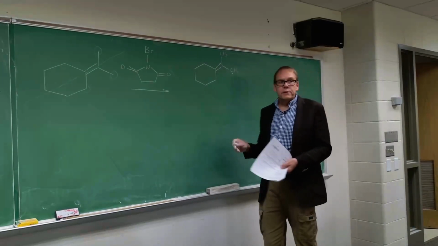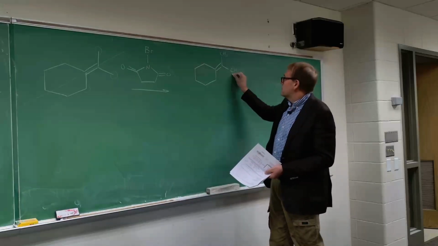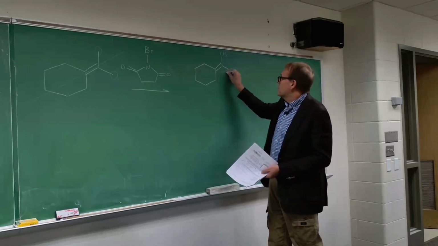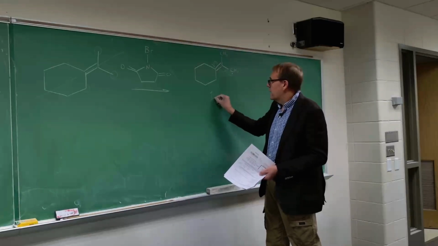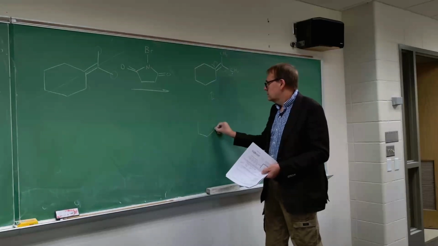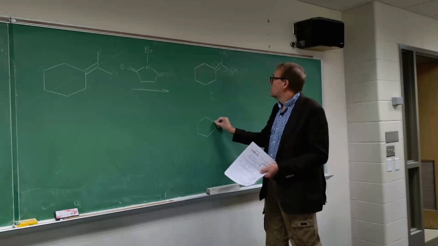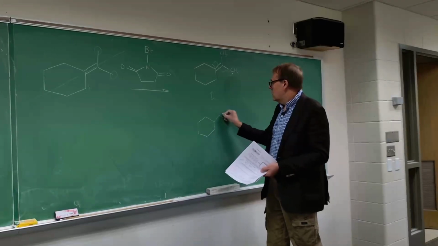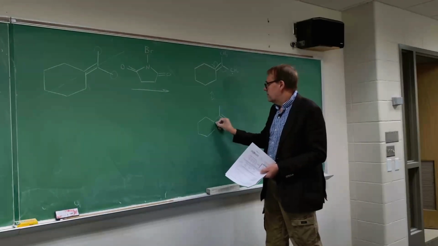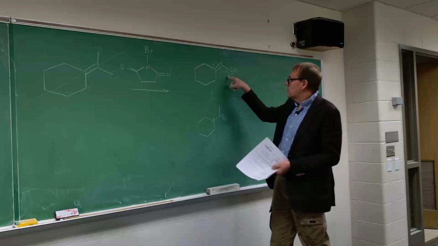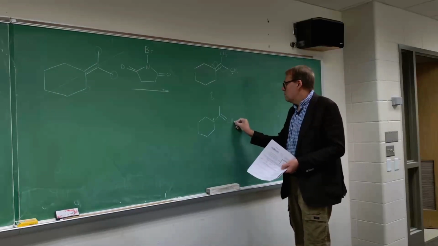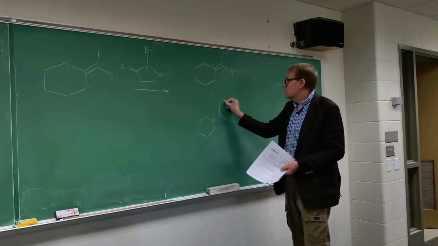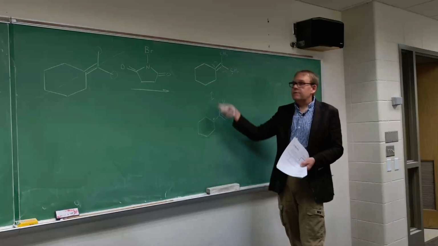That's one of the radicals, but there's a resonance structure associated with this that you have to think about, which is like this. And that would produce this radical, which is just a resonance structure of this one up here. So these two structures are the same molecule, it's just their electrons are arranged differently. But they can give unique products.